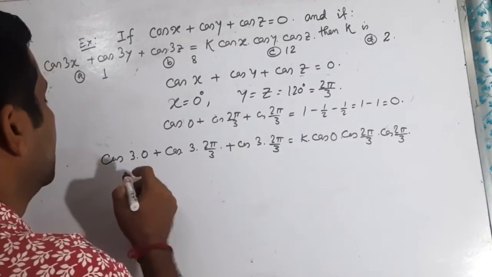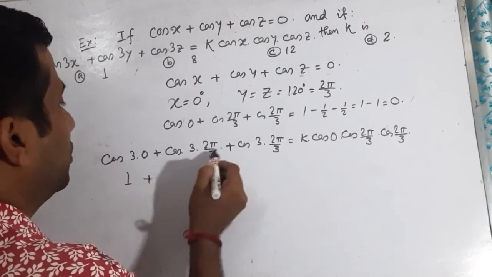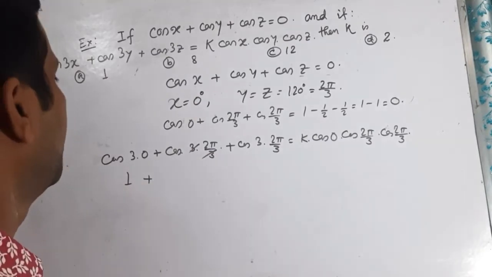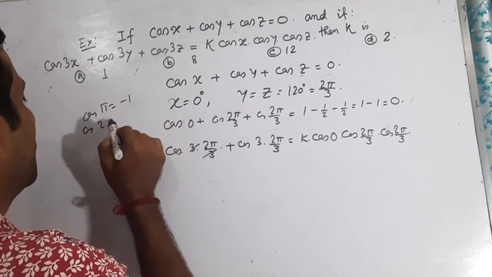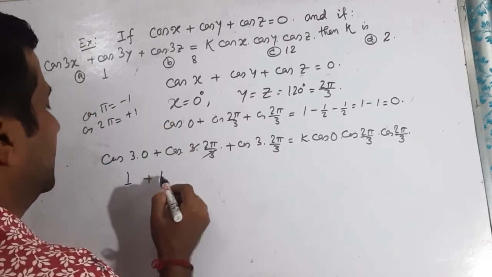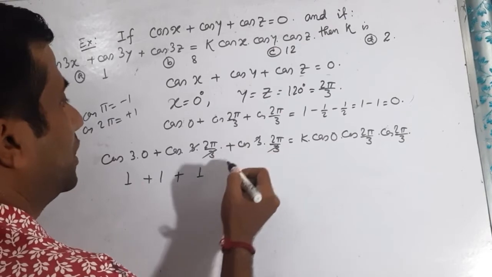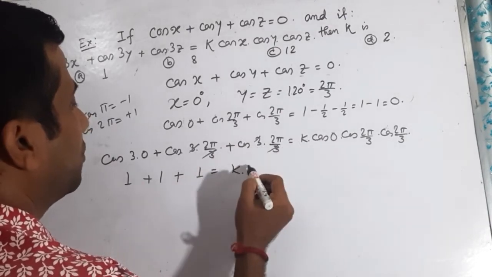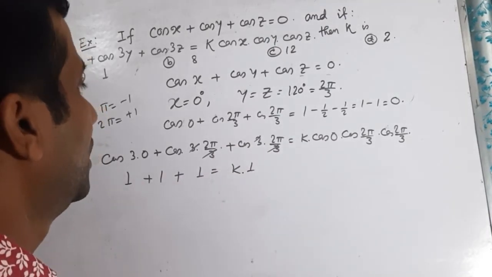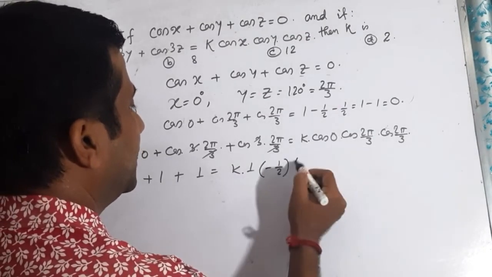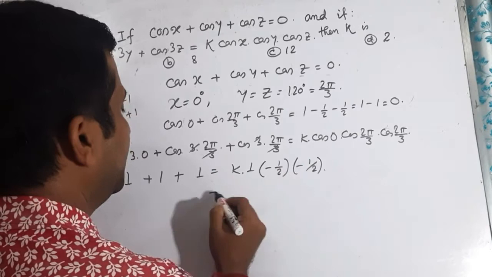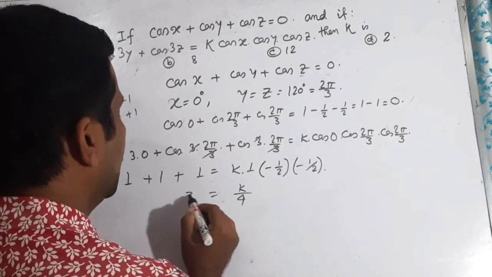That is cos 0 means 1, cos 2 pi means 1, so this is also 1, and this is equal to k times 1 times minus half times minus half. That means k by 4 is equal to 3.